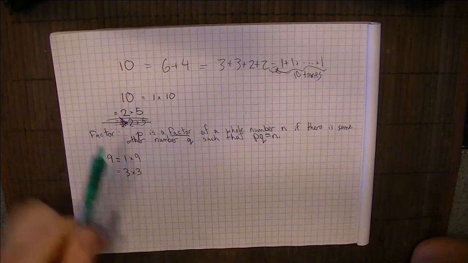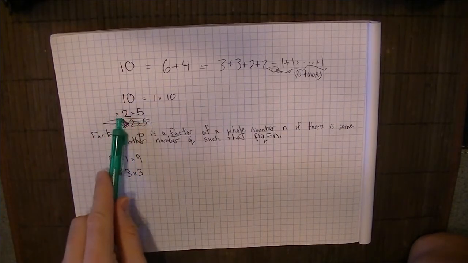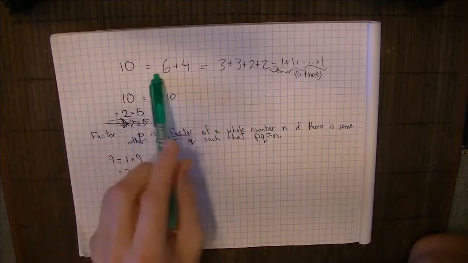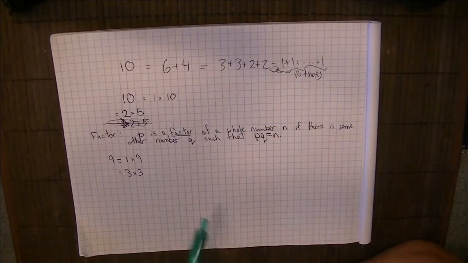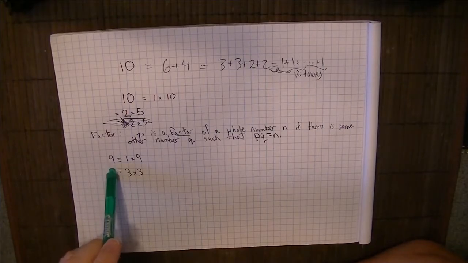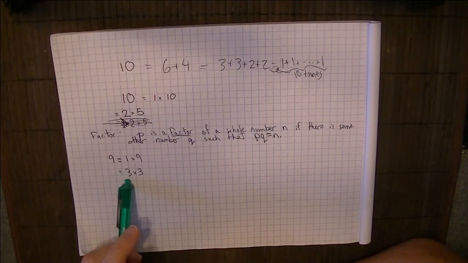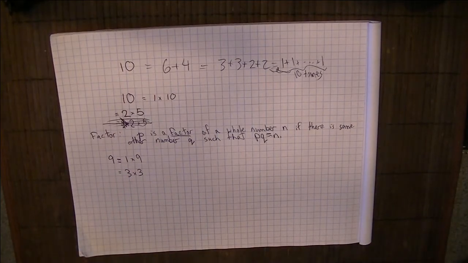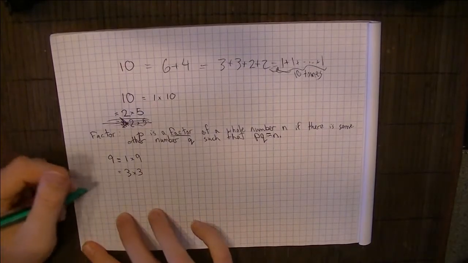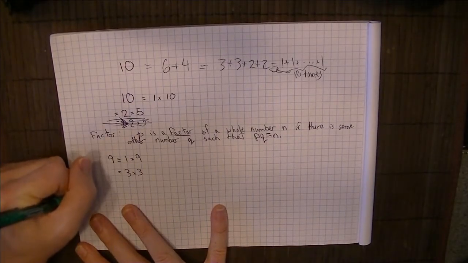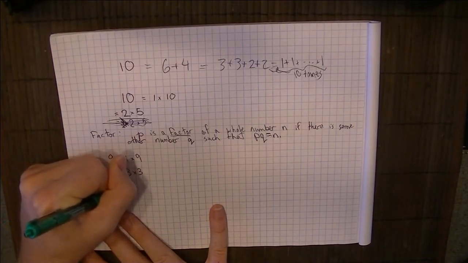So what we've got here, we seem to have run into this sort of dead end that we can't go any further, right? Unlike with addition, where you can always just break things down into ones. So with 9 as well, we factored it and we got to 3 times 3. Can we break 3 down anymore? It doesn't seem like we can. So that gives me a new idea of a type of number, which we will call prime numbers.